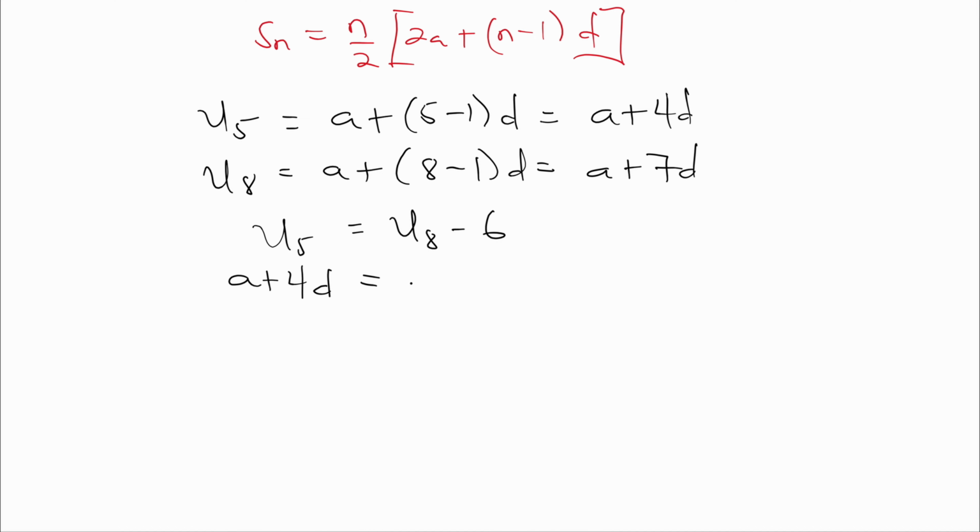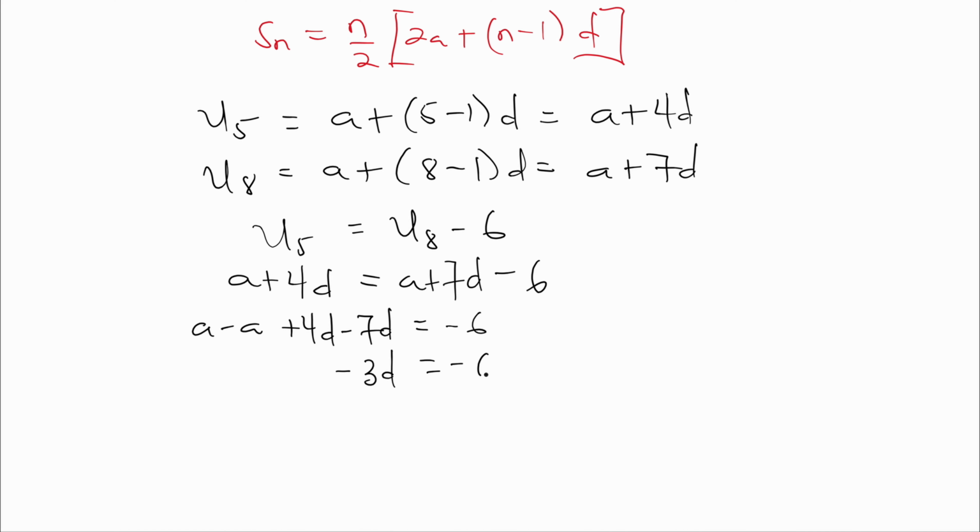This will be equal to a plus 7d minus 6. Now when we group like terms, you have a minus a, plus 4d minus 7d is equal to minus 6. A minus a will be 0. 4d minus 7d will give us minus 3d is equal to minus 6.